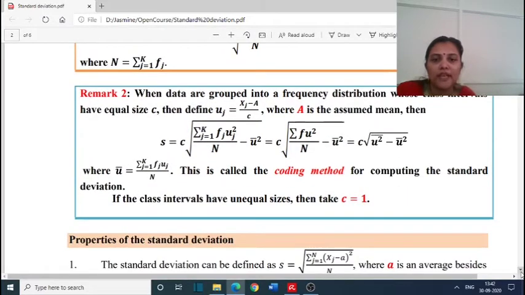Remark 2. When data is grouped into a frequency distribution whose class intervals have size c, then define uj equal to (xj minus a) by c, where a is the assumed mean.